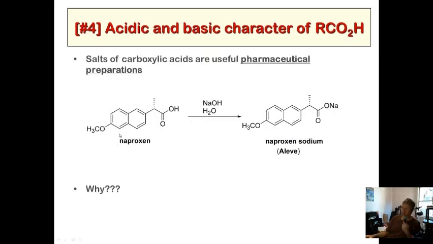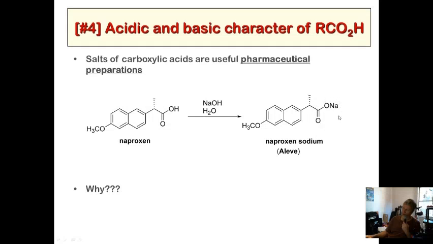I also mentioned that salts of carboxylic acids are useful pharmaceutical preparations, and an example is naproxen sodium, or Aleve. They take the carboxylic acid, which is an actual pharmaceutical, and react it with sodium hydroxide, which takes the proton and leaves you with a sodium salt, a carboxylate.